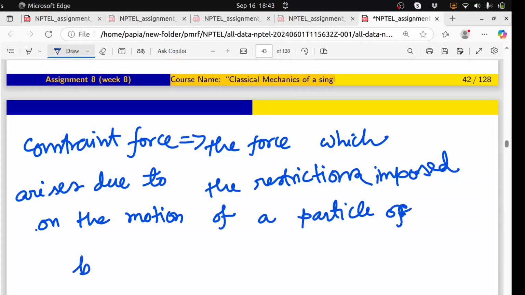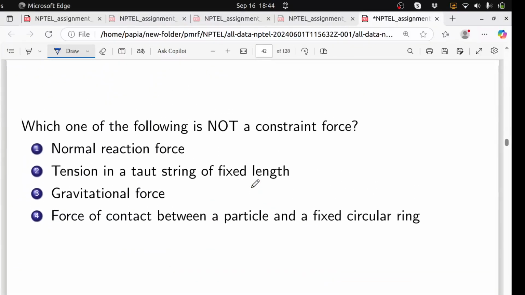Okay. So constraint force is the force which basically arises when we are going to put some restriction on the motion of the particle. Okay. So now come to the options here.